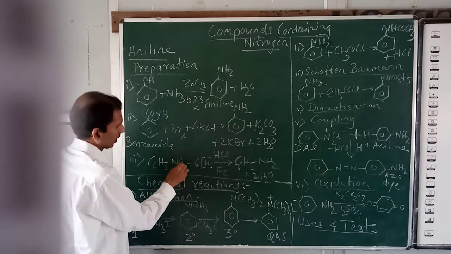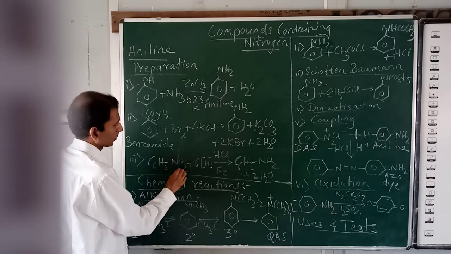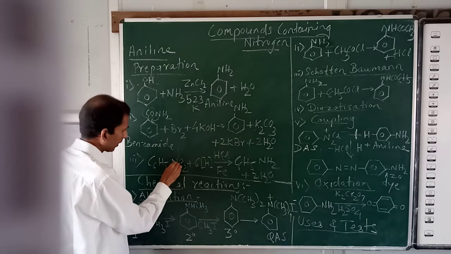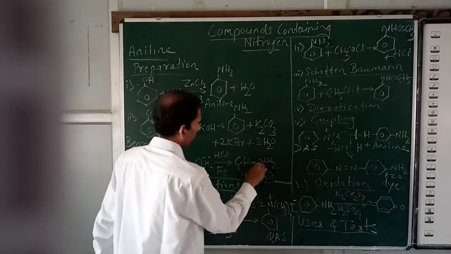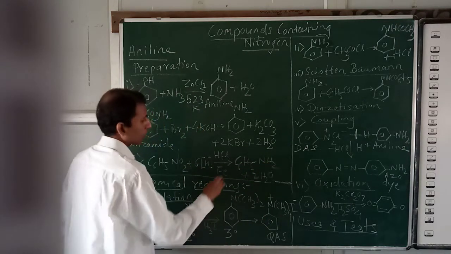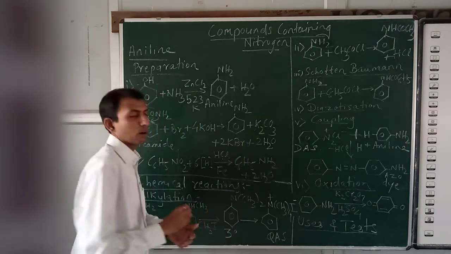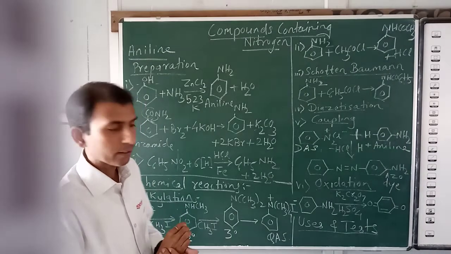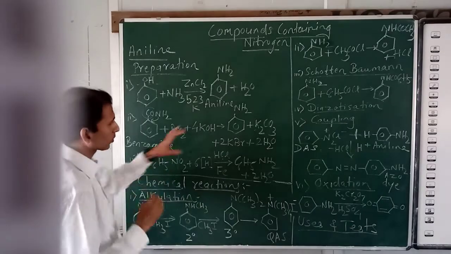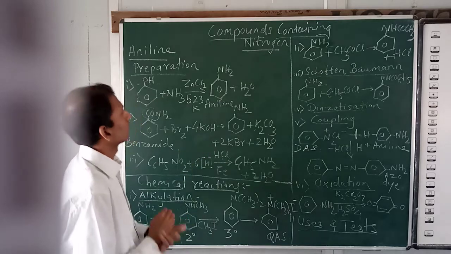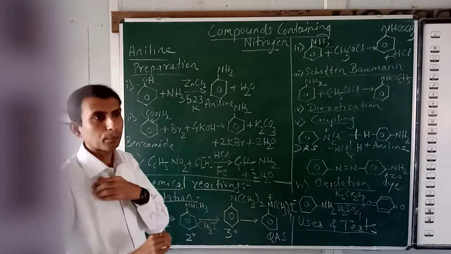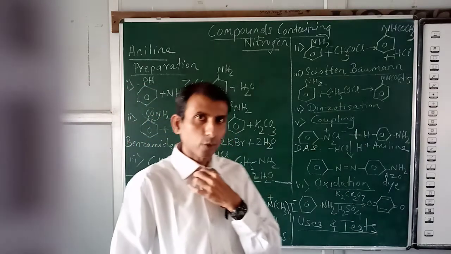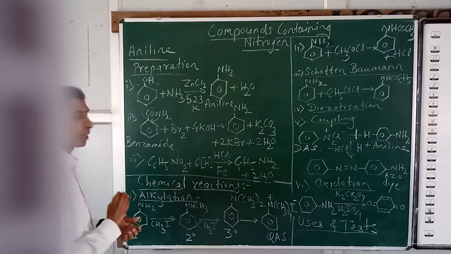Oxygen from here is removed, 2 hydrogens are added to N. So you get C6H5NH2, and the byproduct here will be 2 molecules of water. So here also we have prepared aniline. So these are the 3 main methods of preparation of aniline, from the examination point of view.